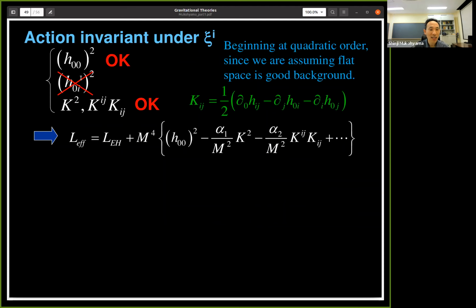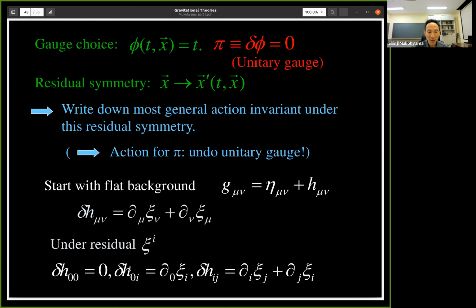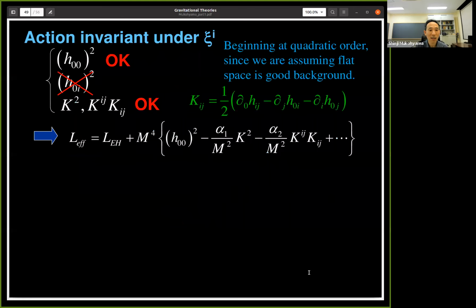But we cannot use h_0i squared, because h_0i is not invariant under spatial diffeomorphisms. But by looking at these two formulas, you can see that if you take a spatial derivative of this and a time derivative of this, by combining them we can construct an invariant combination, which is this: the time derivative of the spatial components and the spatial derivative of the time-space components, symmetrized.